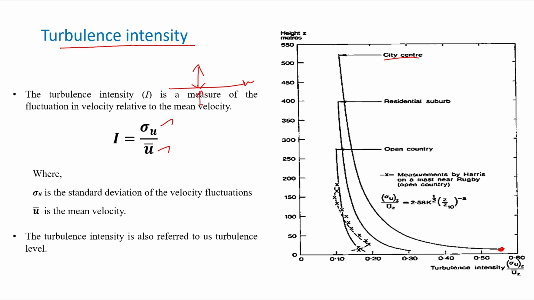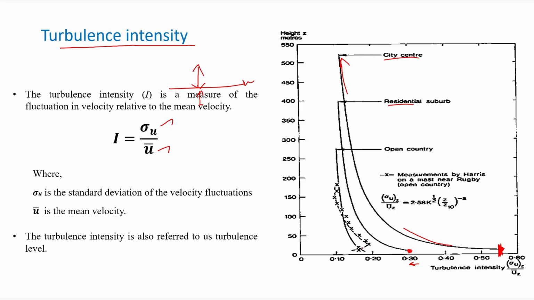Okay, so a very high turbulence level. Here the turbulent intensity is very high near the surface due to the city center, due to too much surface roughness. Then it keeps on reducing as altitude increases. Then for residential suburban areas, the turbulent intensity is a little bit reduced compared to the city center, and that also keeps on reducing as altitude increases.